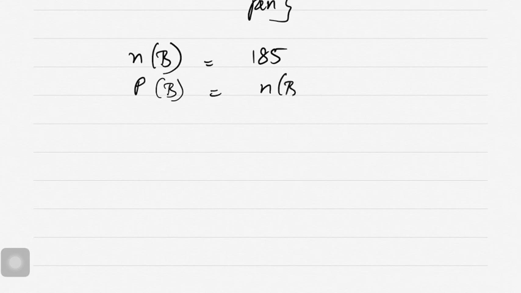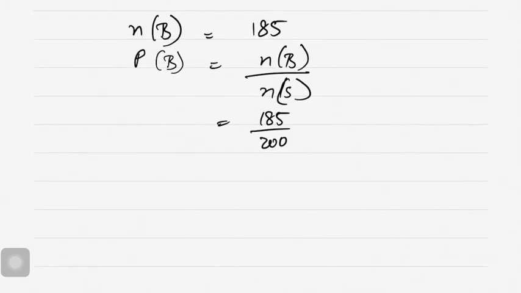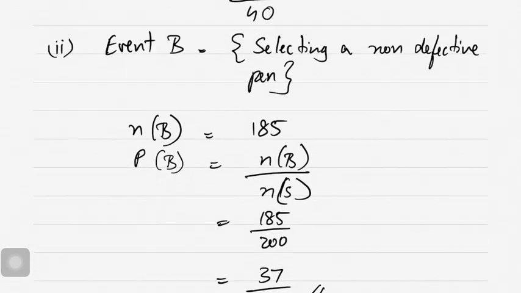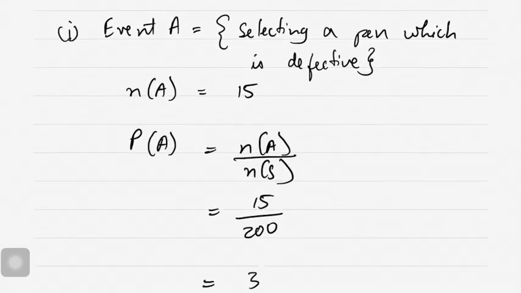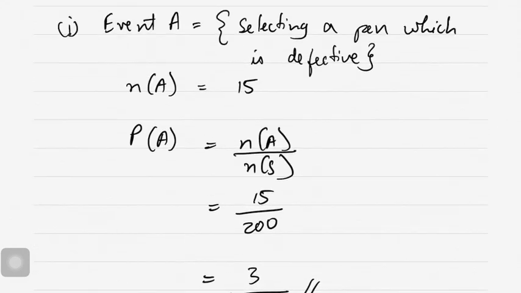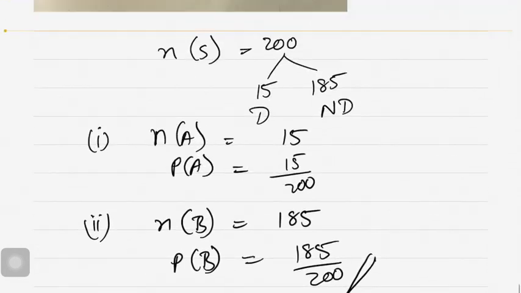So P of B would be N of B upon N of S, which is 185 upon 200. Correct? I can simplify this. 37 by 40. Okay. So you have solved both the parts.